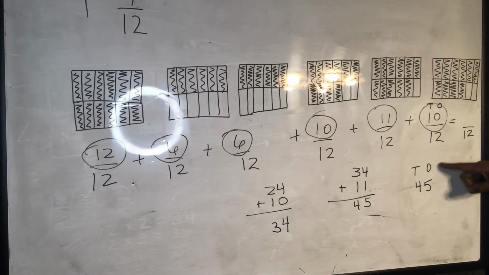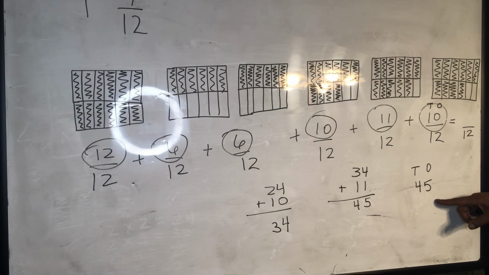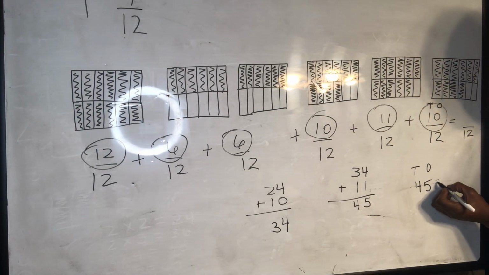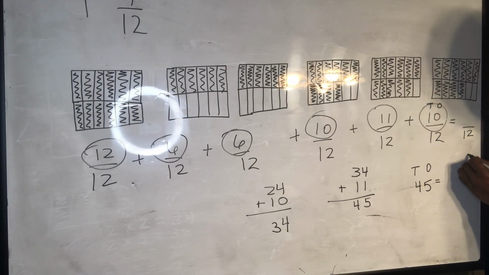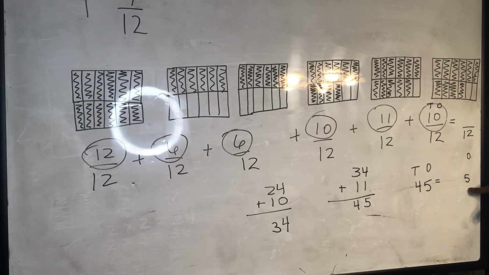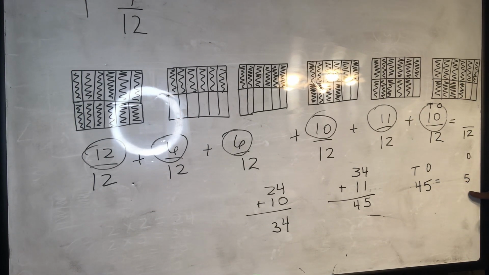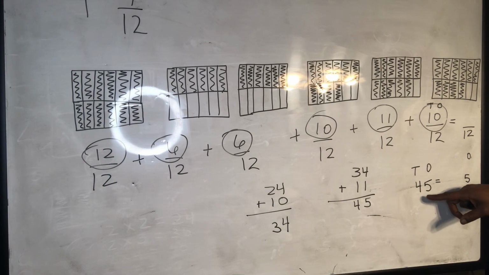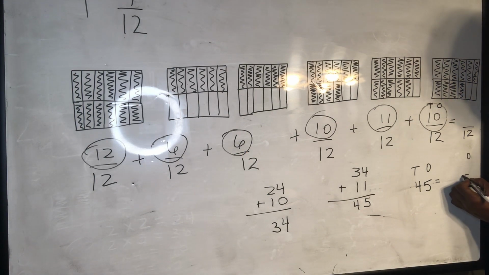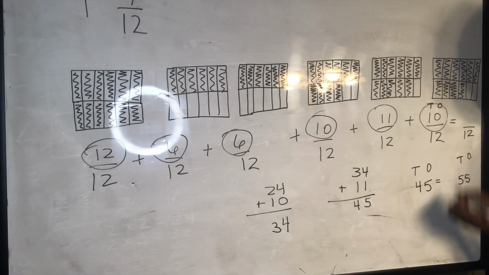Our 1s didn't do anything, so we need to keep our 5. So in our new answer, it would still have a 5 in the 1s because the 5 is not changing. You see that? We added 0 to the 5, still leaves us with 5. But if we add 1 to 4, then where are we at? 5. Exactly. So our new answer would be 55.